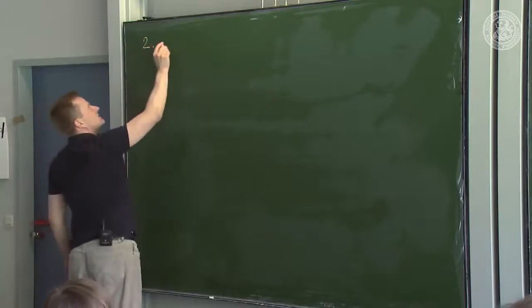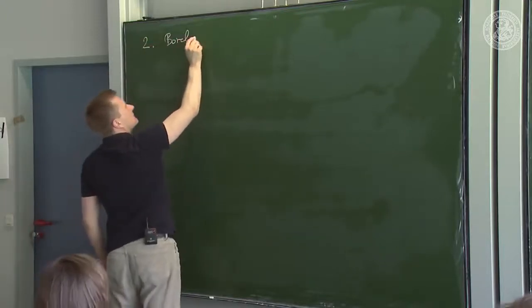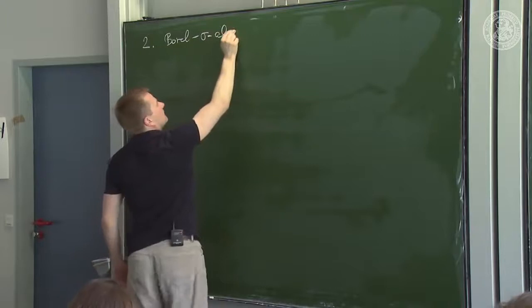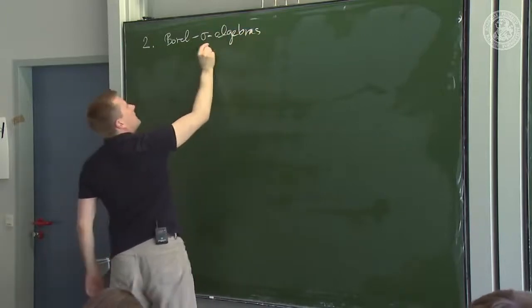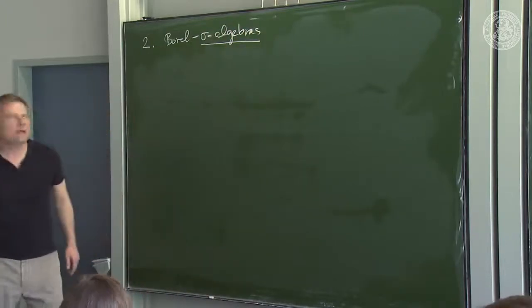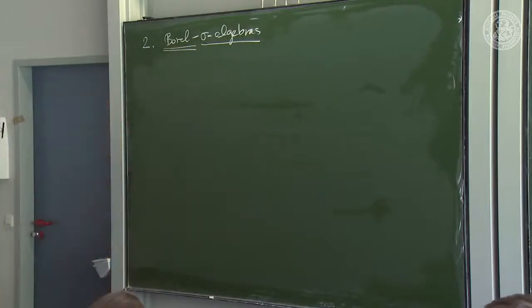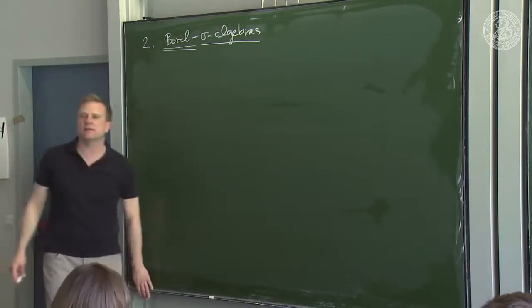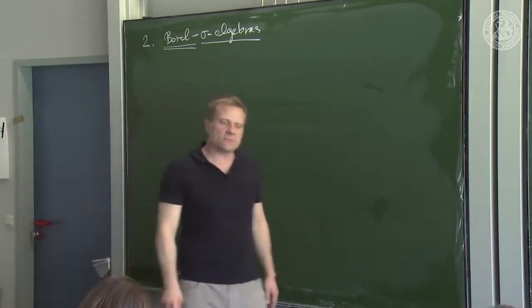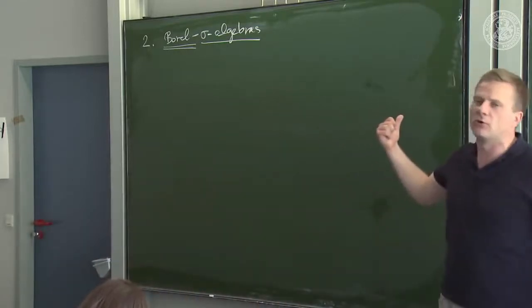Okay, so the next section is called Borel sigma algebras. Aha, we already know sigma algebras, and if I now talk about Borel sigma algebras, apparently that's a specific type of sigma algebra constructed in a specific way. And they will play the main role, okay?